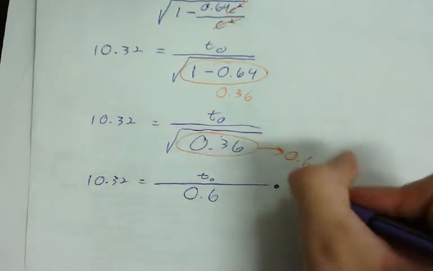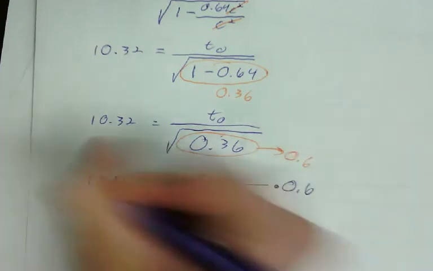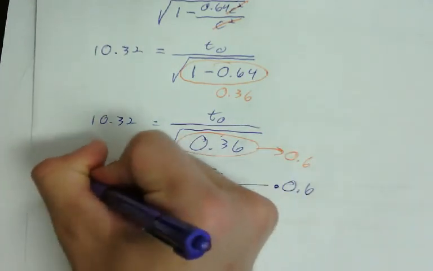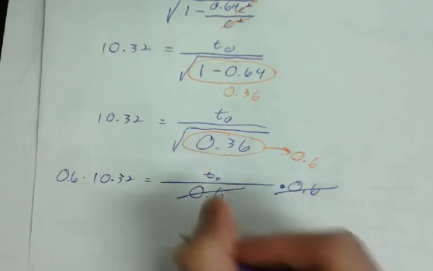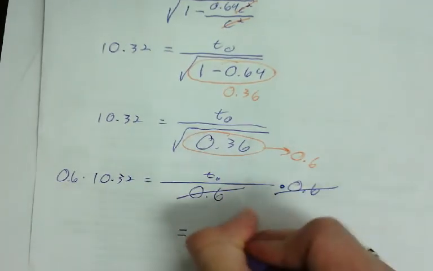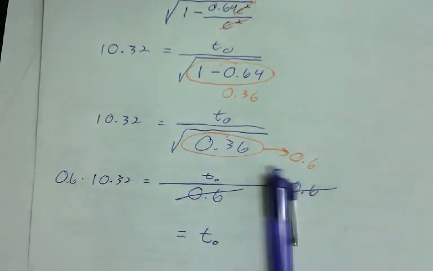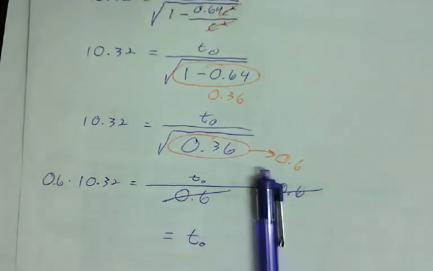Always multiply by the bottom, so I'm multiplying 0.6 to both sides. The 0.6 cancel on the right. On the left, I do 0.6 times 10.32, which is 6.19.